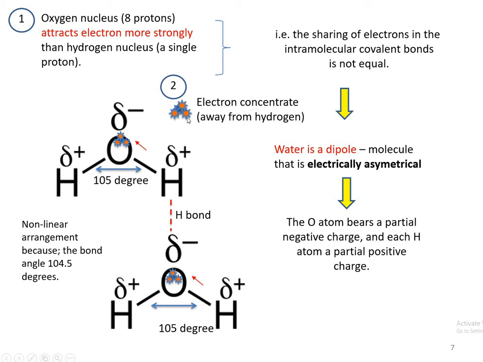So because of that, the electrons tend to concentrate away from hydrogen, more towards the oxygen nucleus. So the sharing of electrons in the intramolecular covalent bond is not equal. It's always going to be towards oxygen there.